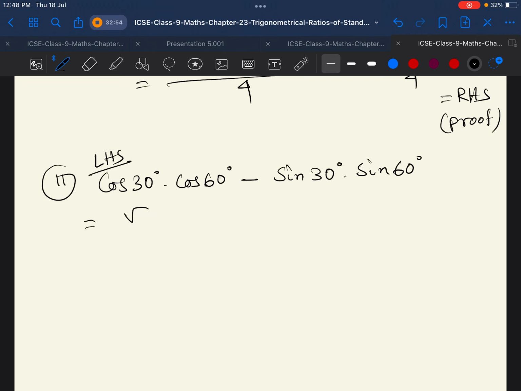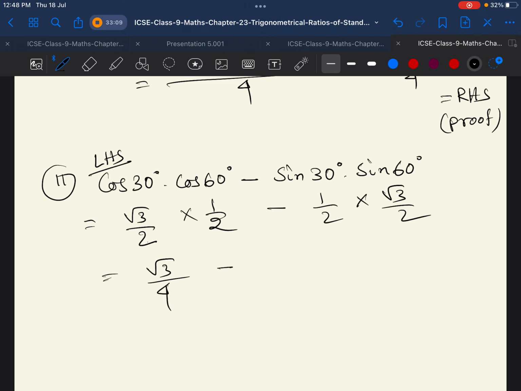So we know cos 30 is root 3 by 2, cos 60 is 1 by 2, minus sin 30 is 1 by 2, sin 60 is root 3 by 2. So this is root 3 by 4 minus root 3 by 4. So this is 0. This is right hand side. We have to prove right hand side is 0. So we prove.